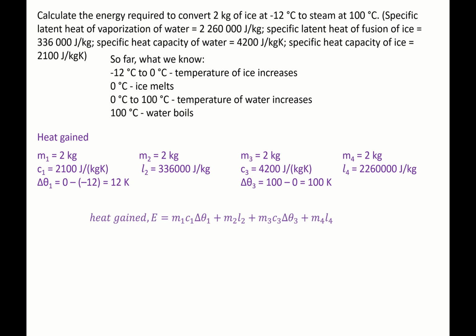So to solve the problem, heat gain equals M1 C1 change in theta 1 plus M2 L2 plus M3 C3 change in theta 3 plus M4 L4. So what I do is I just plug in the values. So you see why I lay out the data first. So that when I have to substitute these values, it's easy for me to pull in the numbers.